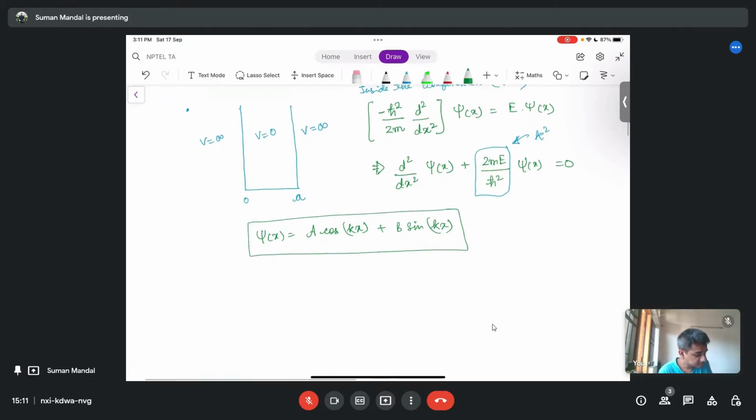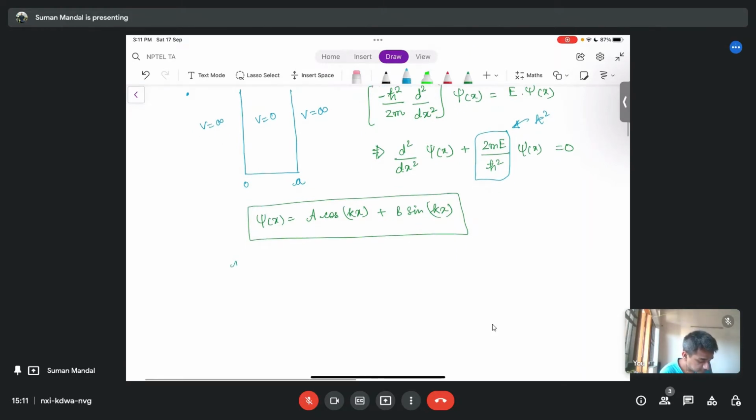What they do next is say that at the boundaries, at this point and at this point, the wave function should go down to 0 because the potentials are infinite. The electron cannot cross the confinement. So psi of 0 is equal to 0.